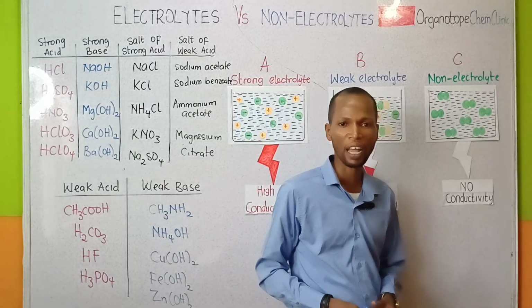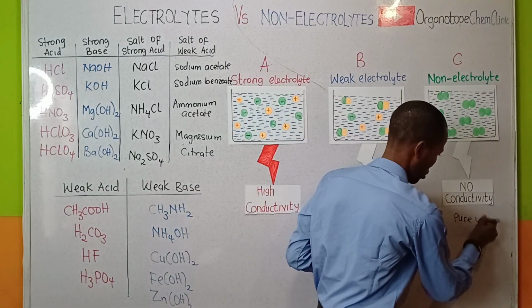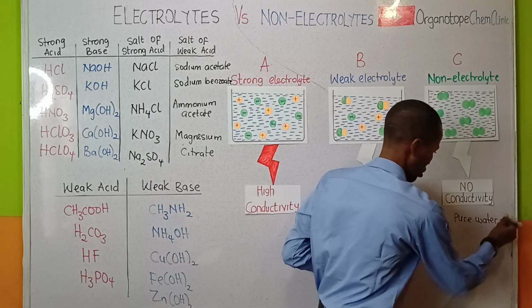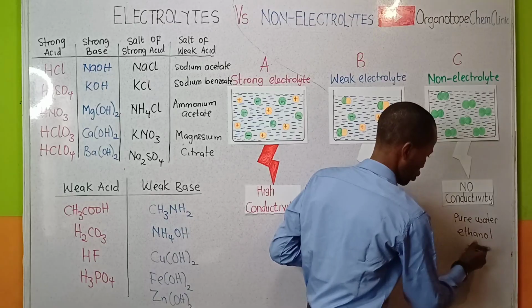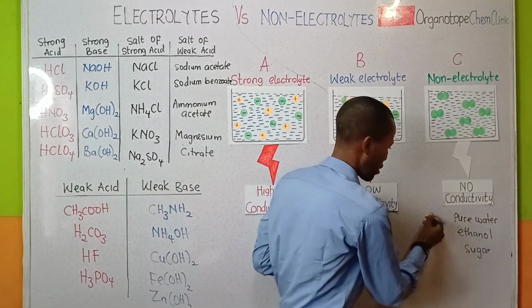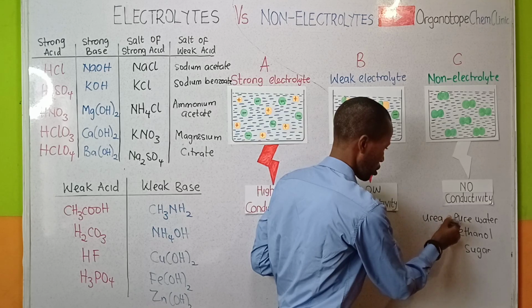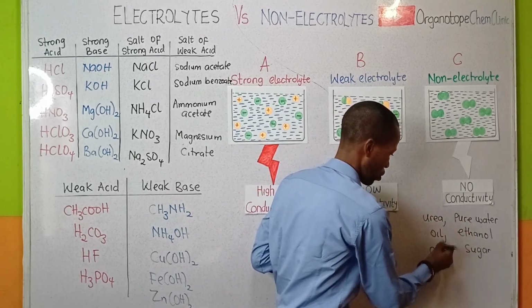Examples of non-electrolytes are pure water, ethanol, sugar, urea, oil, chloroform.